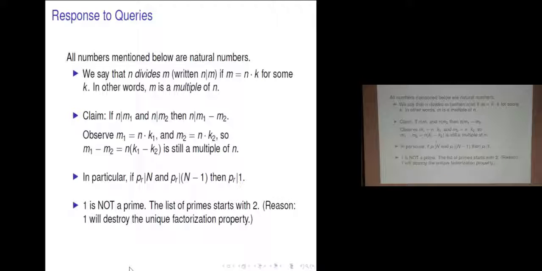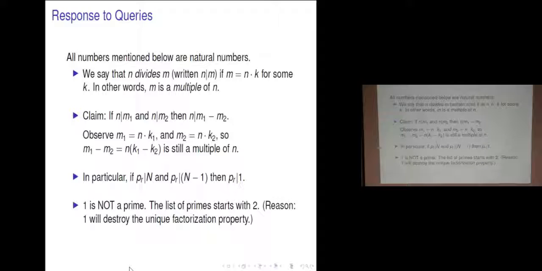It says every number, give me any natural number, I can factorize it into a product of primes. For example, 6 is 2 times 3. You start from a natural number, you keep taking out these factors, so eventually you hit somewhere you cannot factorize anymore. You get a bunch of prime numbers, and you multiply them.